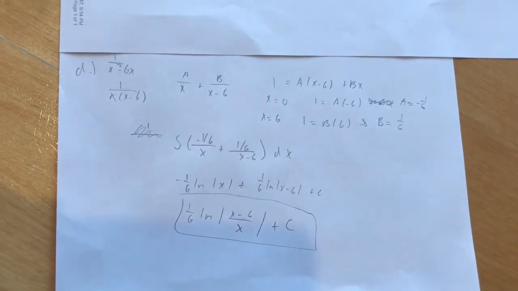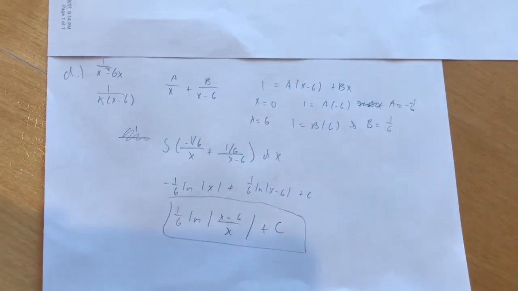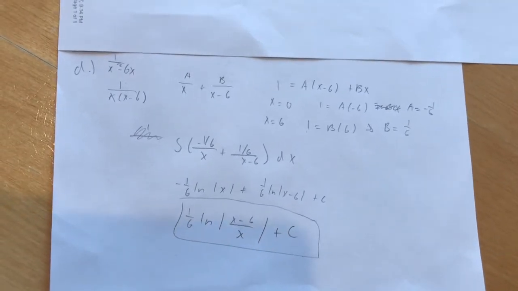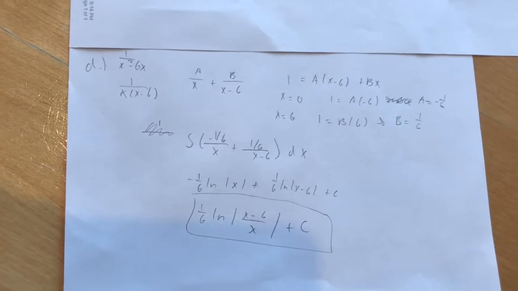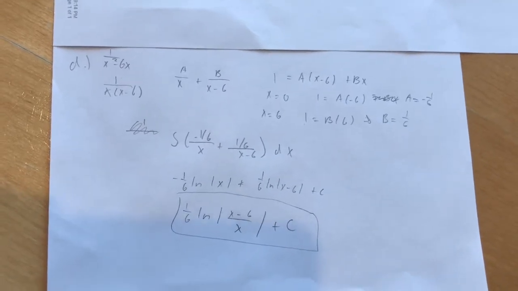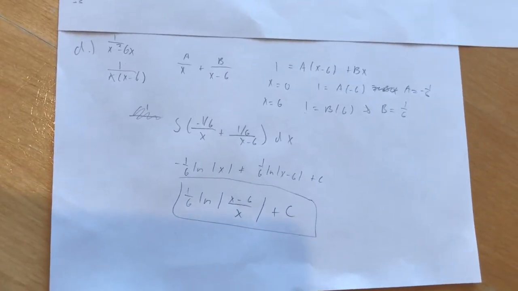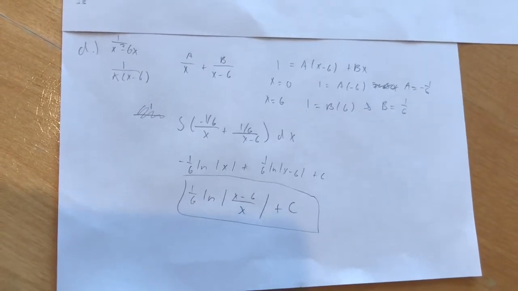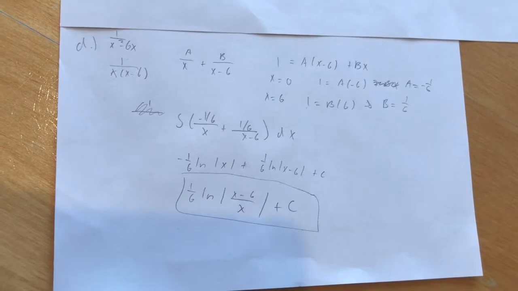Now we need to solve for a and b, and how we're going to do that is we're going to set either one of them equal to 0 in two situations. So either a is going to be equal to 0 or b is equal to 0, so we can find either a or b. Those two numbers are 0 and 6.